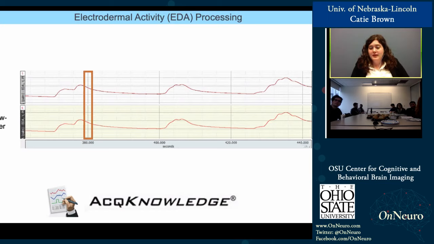And also, with EDA, if you're worried about the MRI environment being super stressful, you could gather EDA during the MRI session. Say somebody never, ever shows a decrease in EDA, you might say, okay, this was consistently stressful for them.